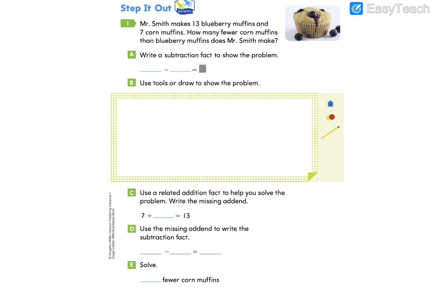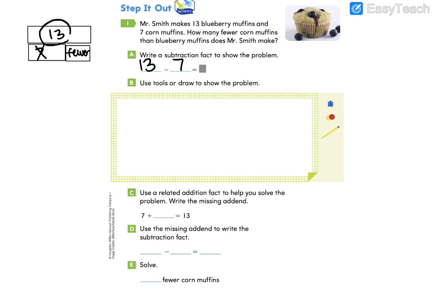So we need to think about Mr. Smith makes 13 blueberry muffins, but only 7 corn muffins. We need to find how many fewer that is. So let's think about our subtraction equation. We're looking for the fewer. So we need to find 13 minus 7.